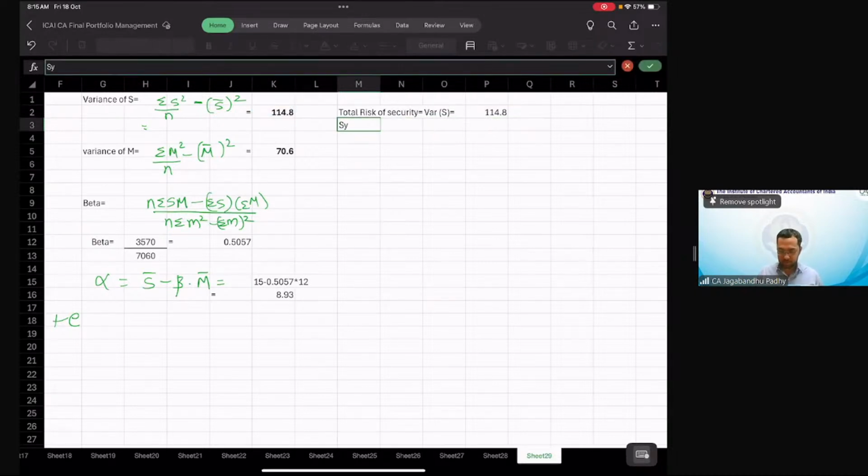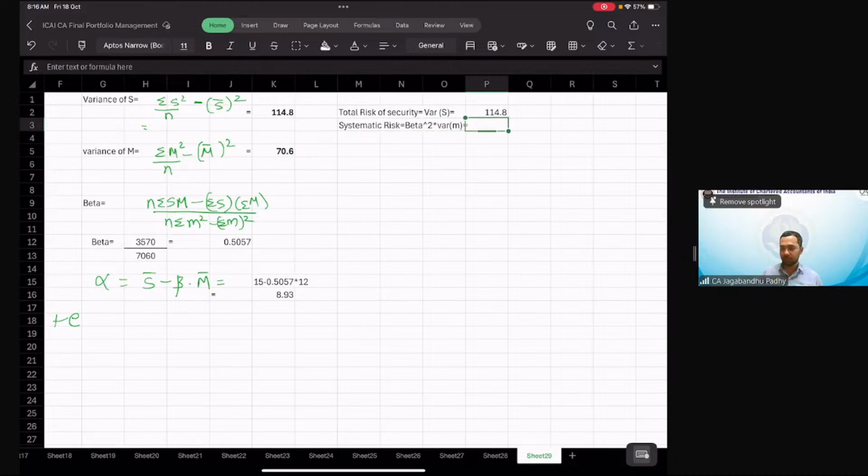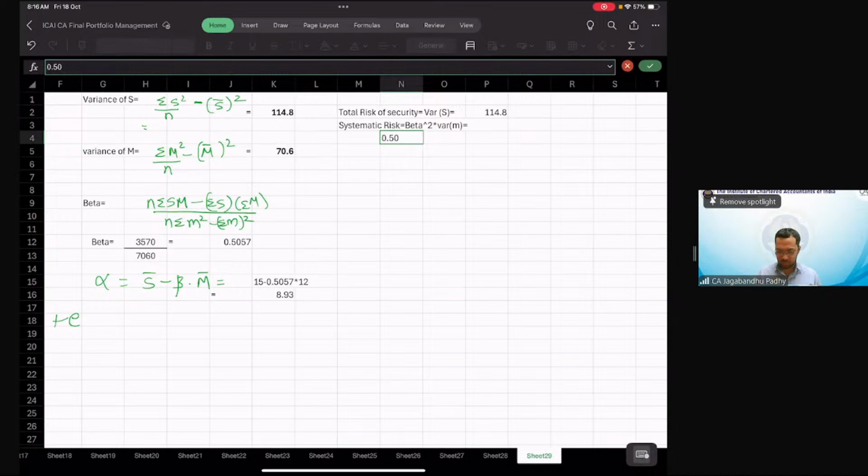What is the systematic risk? Systematic risk is defined as beta square into variance of the market. So beta square into variance of market means beta is anyways 0.5057 square multiplied by variance of market, which is 70.6.